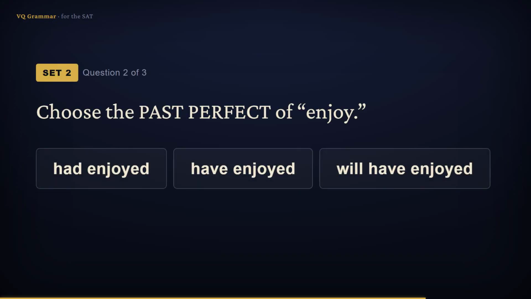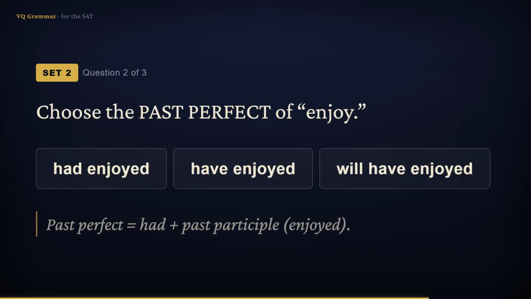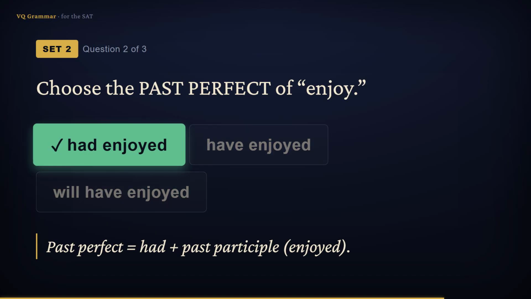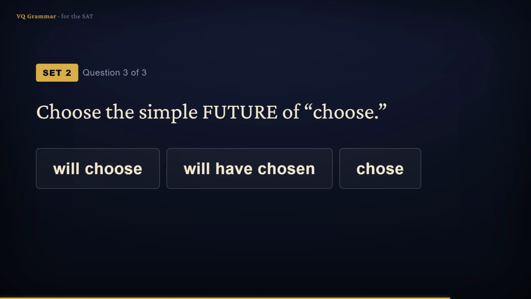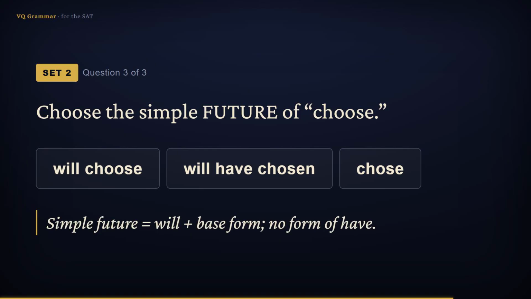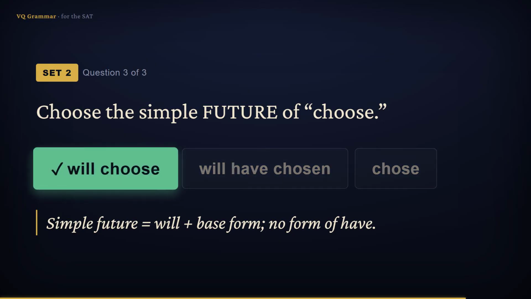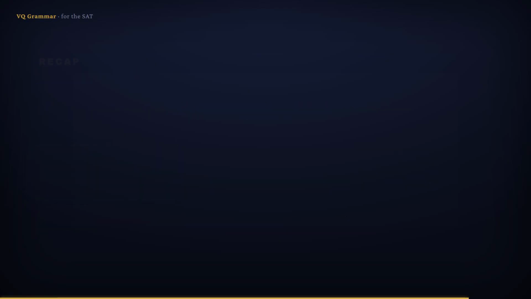Which is the past perfect of enjoy? Past perfect is had plus the past participle, and enjoy is regular, so enjoyed. That gives had enjoyed. Which is the simple future of choose? Future is just will plus the base form, so will choose, with no form of have, because it's simple, not perfect.